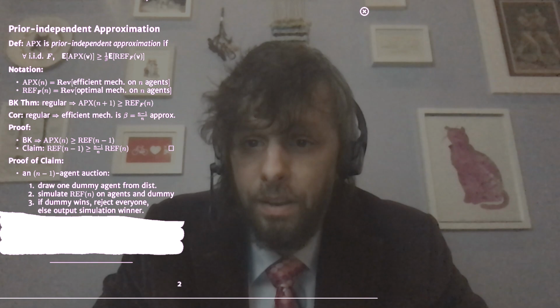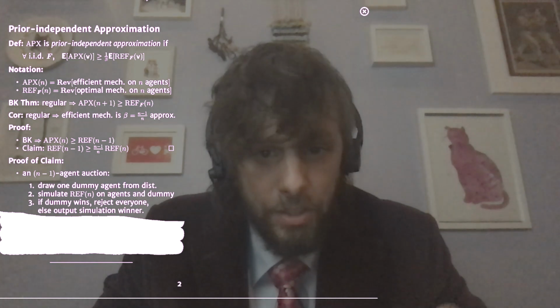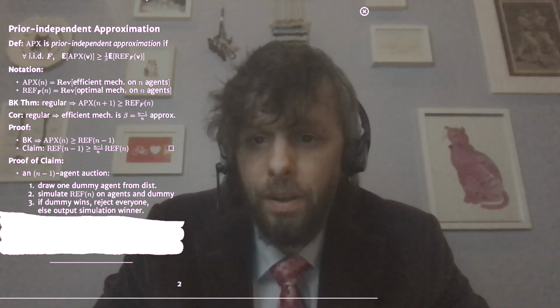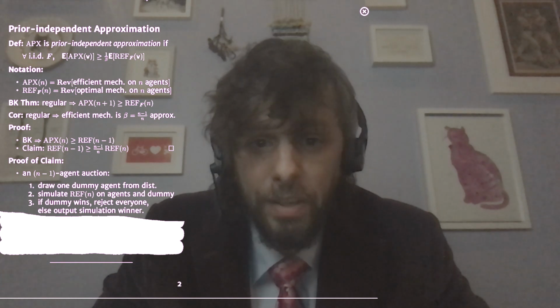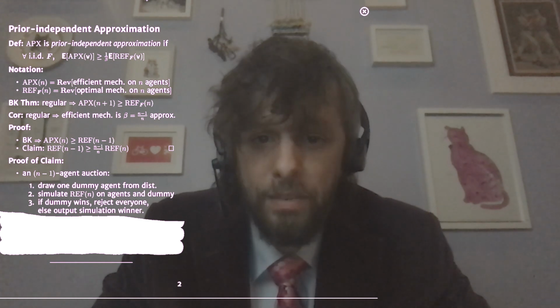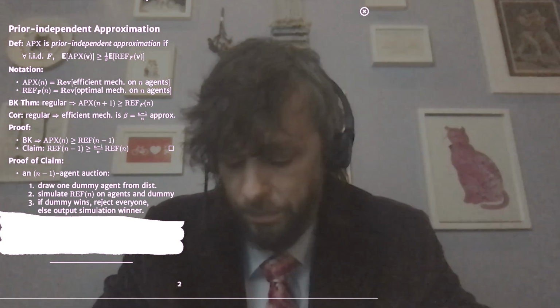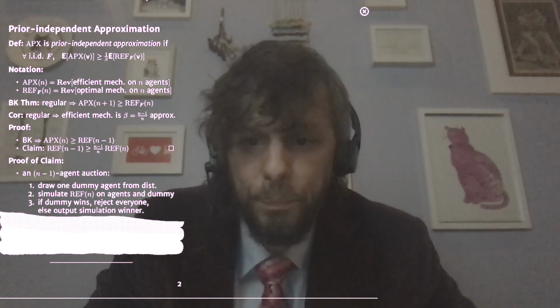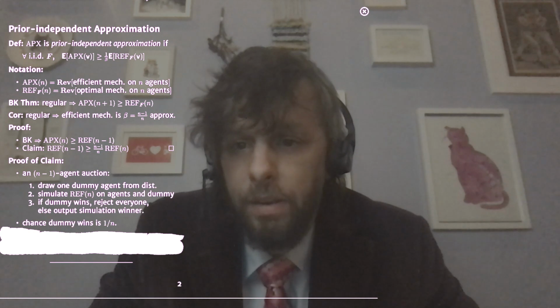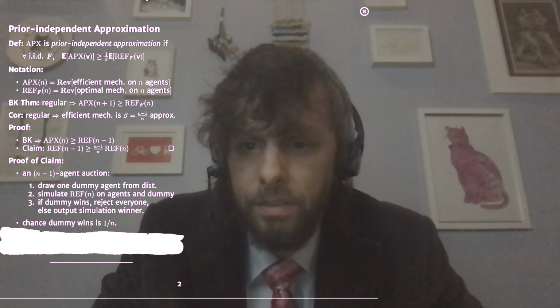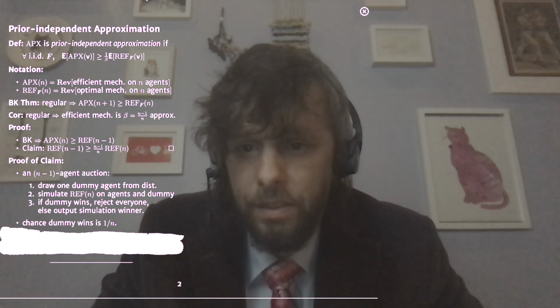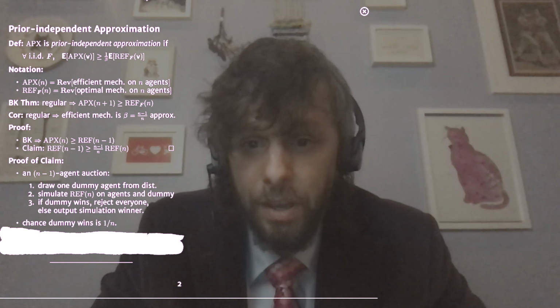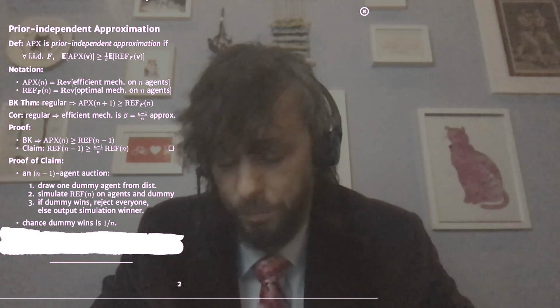If the dummy agent wins, I'm just going to reject everyone. Otherwise, one of the real agents wins, and we'll output that simulated winner. Notice that the chance the dummy wins is exactly 1 over n because the dummy agent is one of n agents in total.